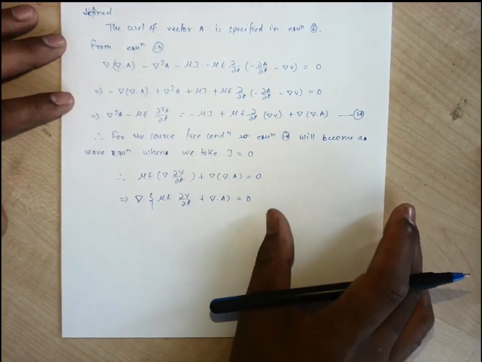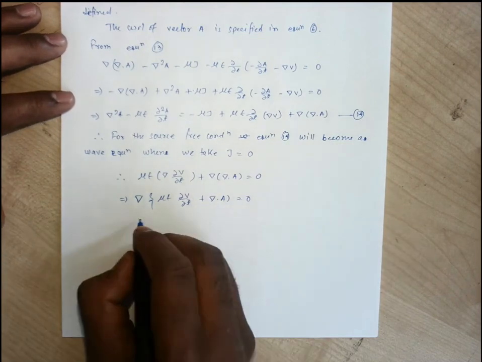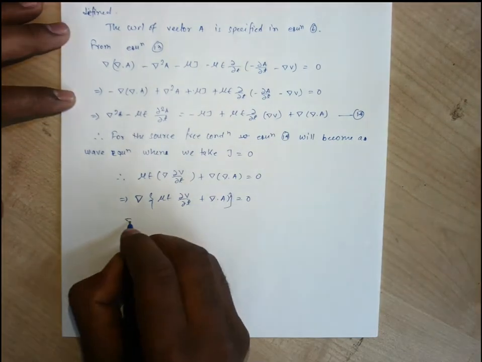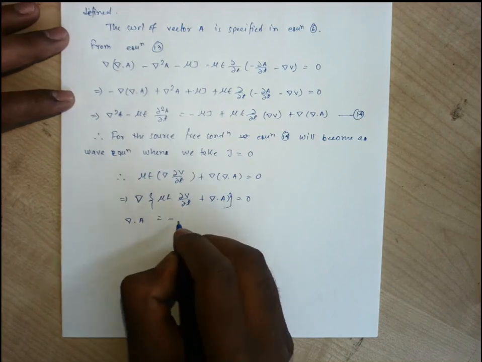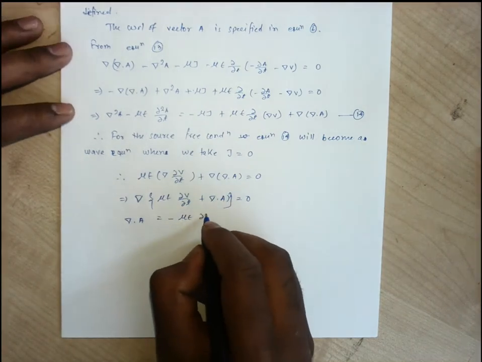So we can write that del dot A is equal to minus mu epsilon del V by del T.